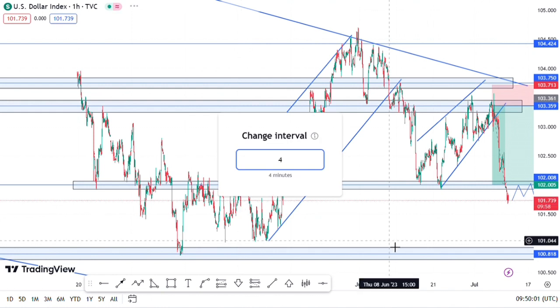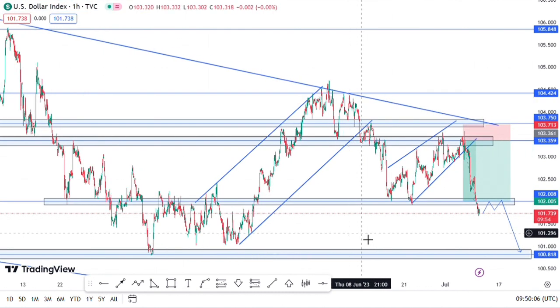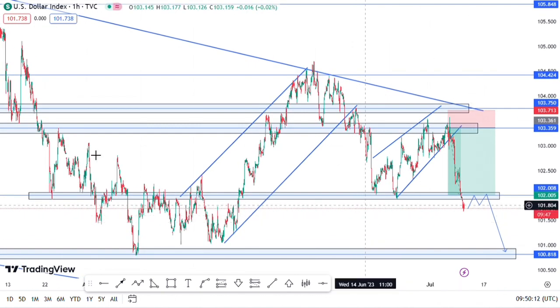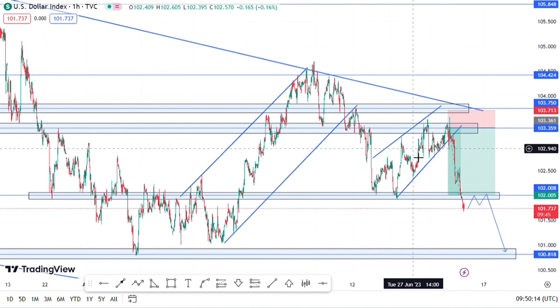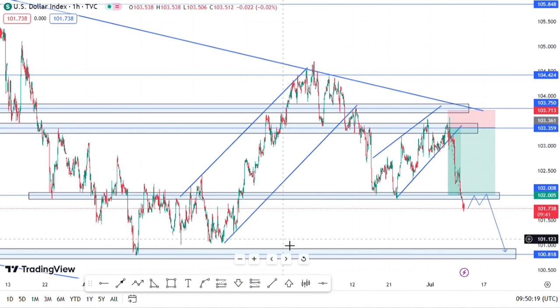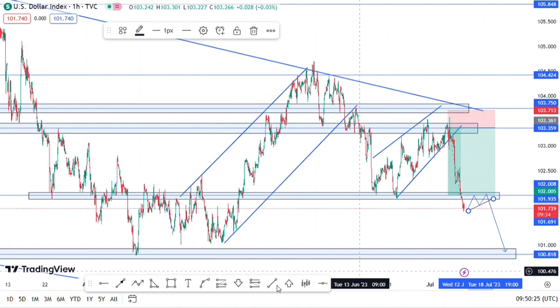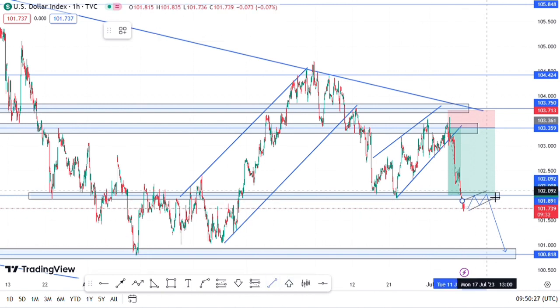On DXY I spotted this last week, I think on Thursday, before Friday NFP, and then as you can see, guys, if you're trading with the trend of the market, there is slight chance of you going in the wrong direction. And now what to expect is that DXY can come and create a correction.